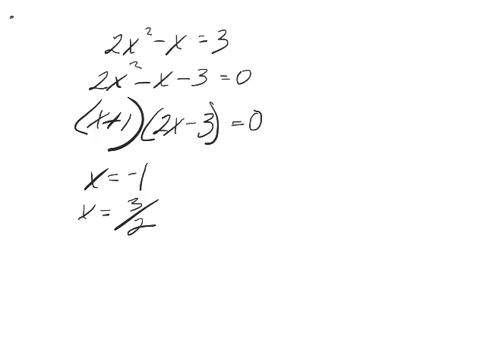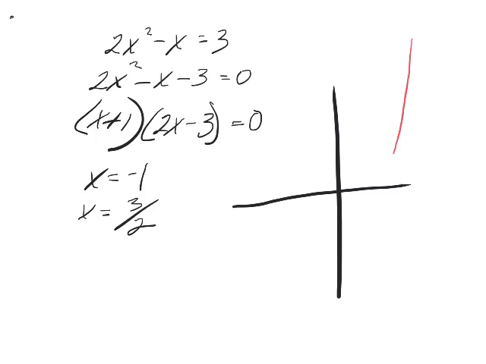And what that means is if we were to graph that, my graph is going to go something like this. So there's my -1, and there's my 1.5 or my 3/2. So my answer is where this parabola crosses the x-axis, or the x-intercepts.